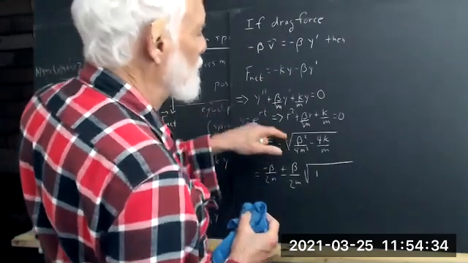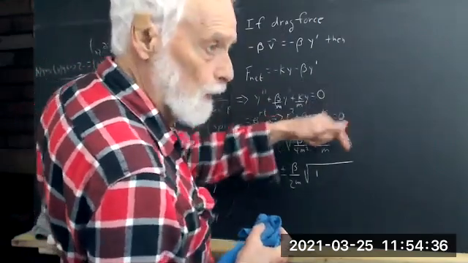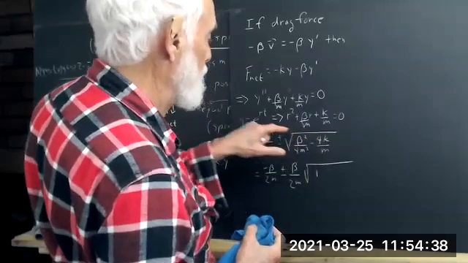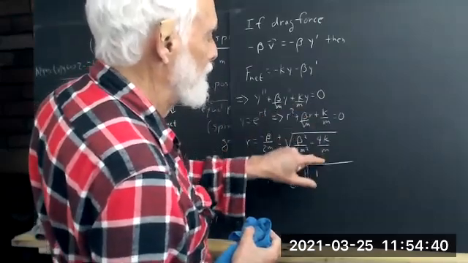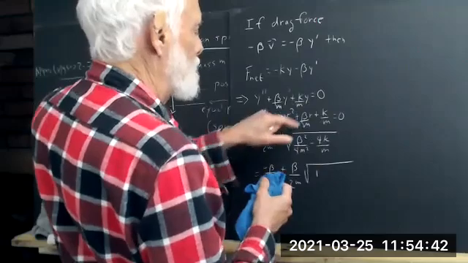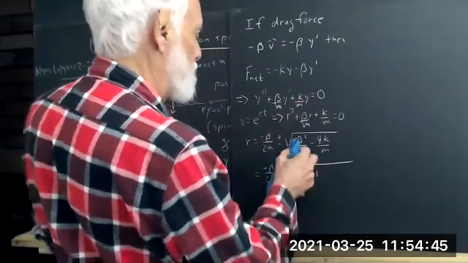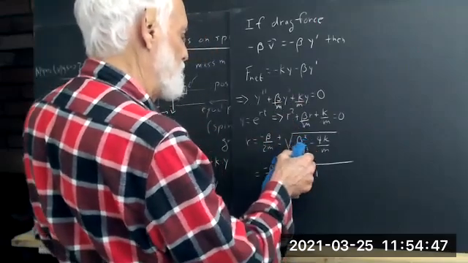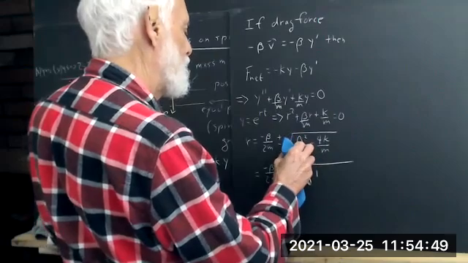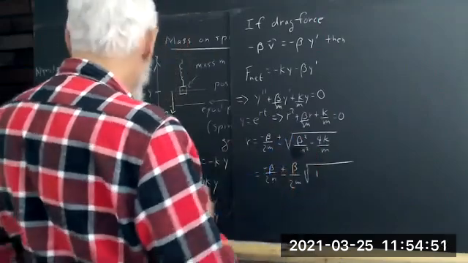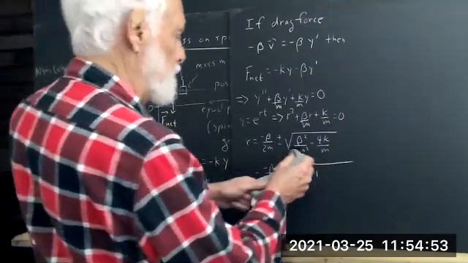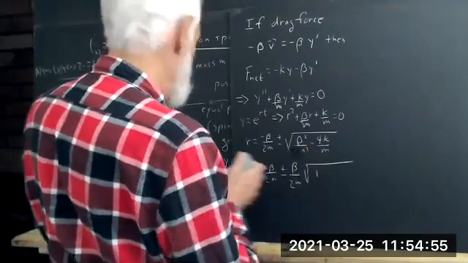It's the square root of b squared minus 4ac. Well, there's your minus 4ac. A is 1, c is k over m. But it's just beta over m that we're squaring, not beta over 2m. I have this beta over 2m here doing its best to distract me, and it succeeded.